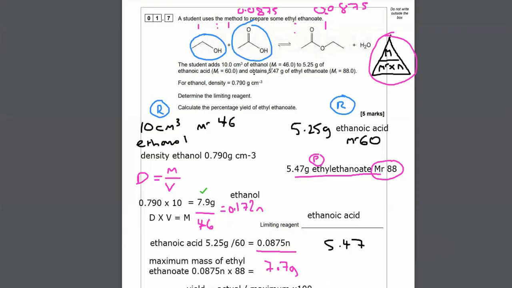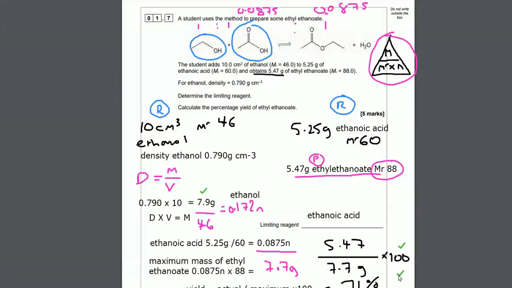Divide that by our maximum mass, 7.7. We want to times that by 100. And I believe that's going to be about 70%. So 5.47 divided by 7.7, times 100, equals 71%. 71.03, whatever. I'm leaving it at 71%, and that is our percentage yield.